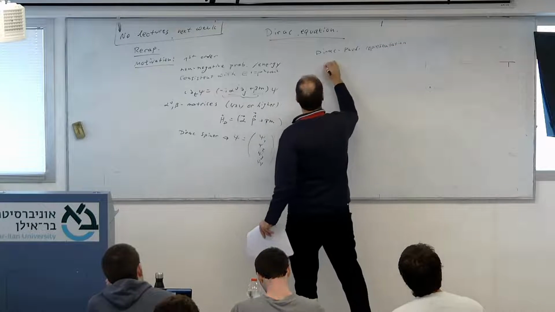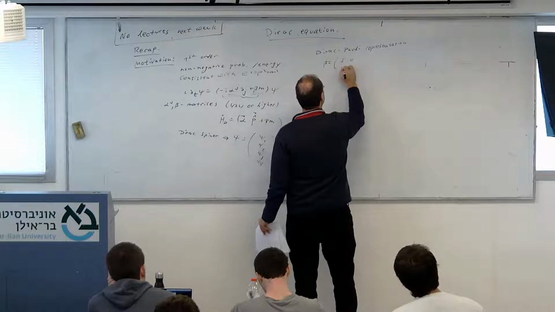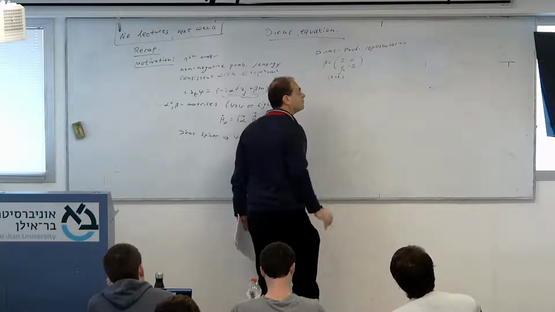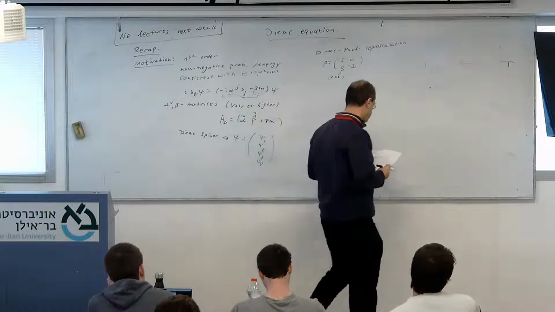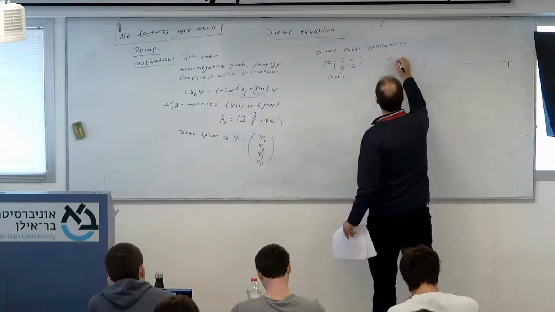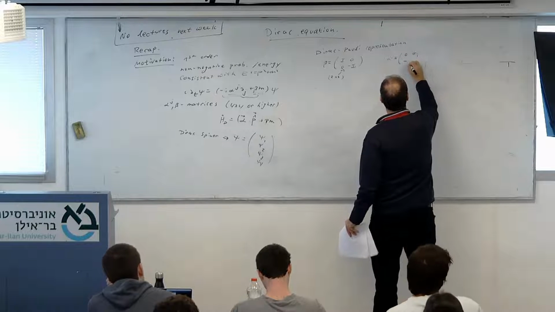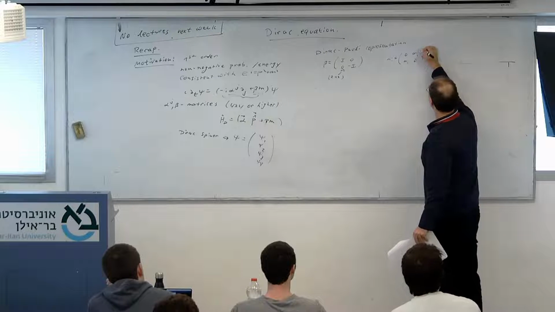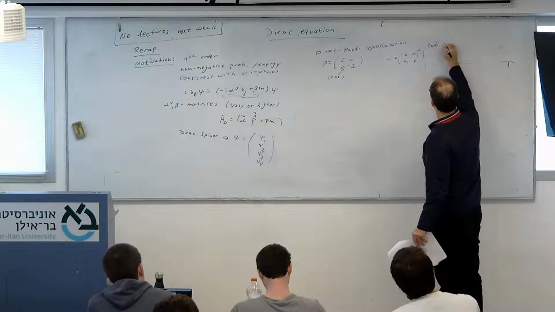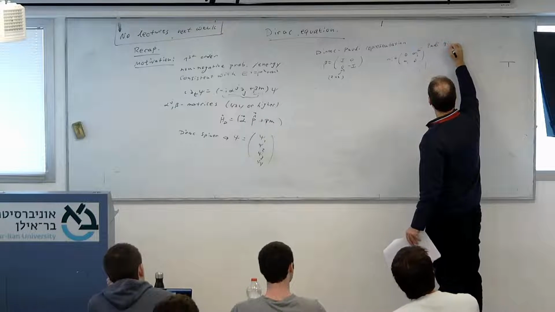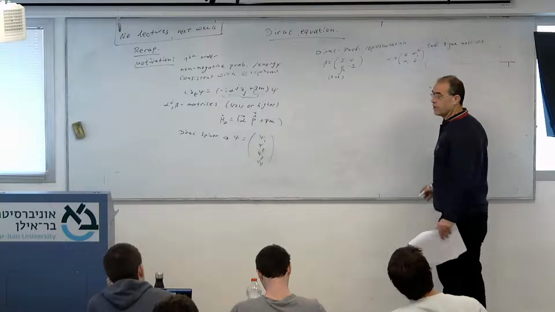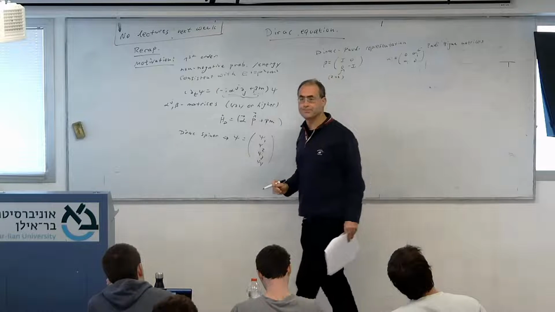Where beta is (I, 0; 0, minus I). These are all 2x2. And alpha i is (0, sigma i; sigma i, 0). And these are Pauli sigma matrices, the same ones that you've seen in quantum mechanics.